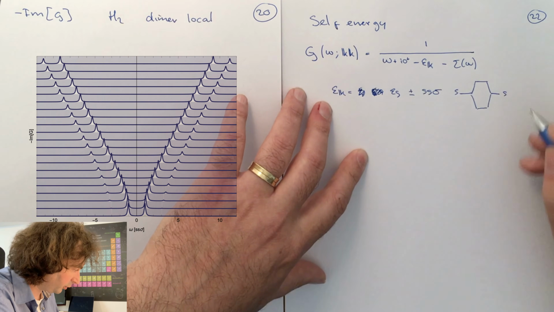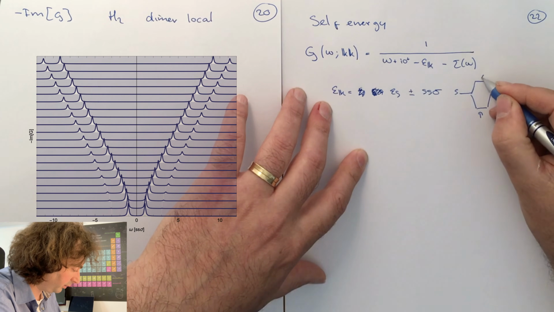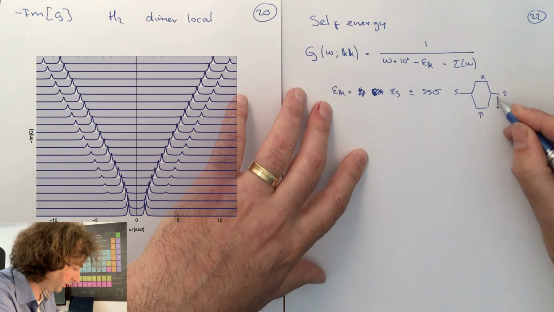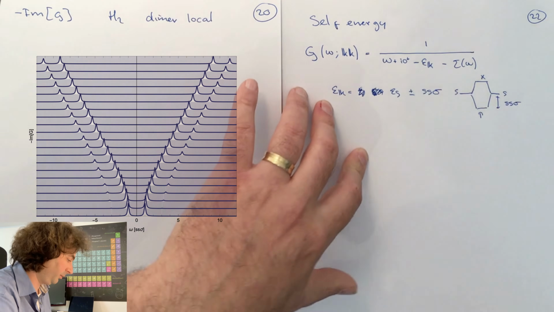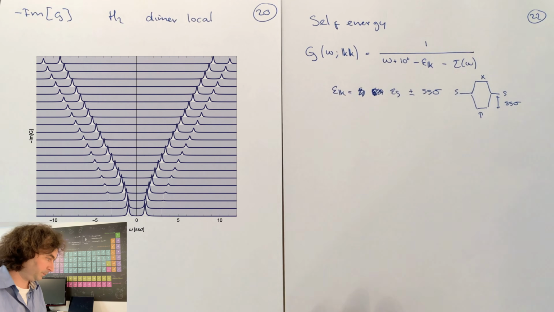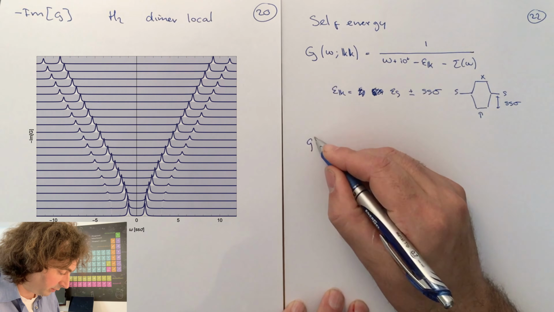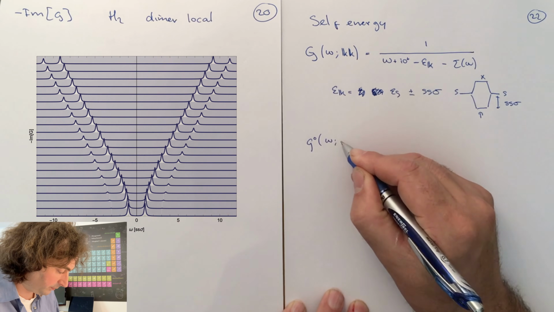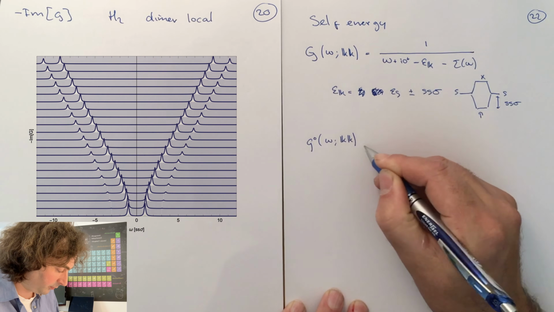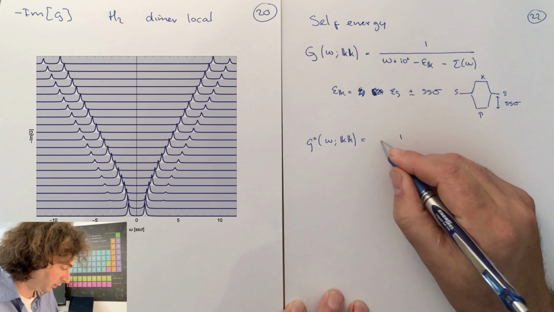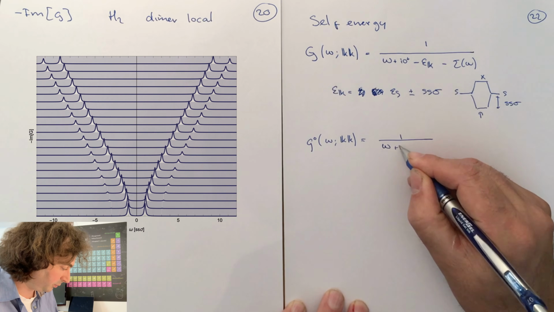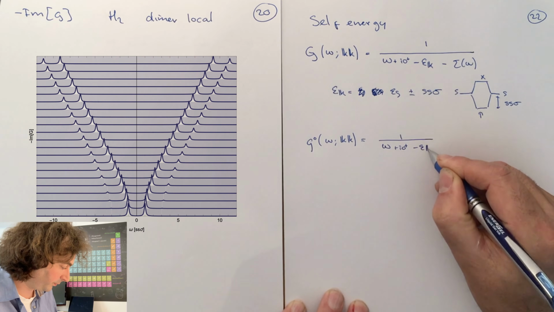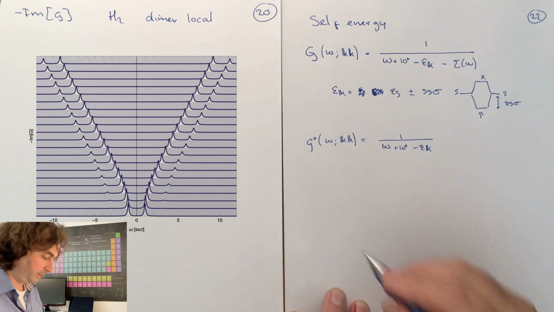We have our s orbitals and they interact, making a bonding and an anti-bonding state, and a splitting between them equal to ss sigma. So our bare Green's function is given by 1 over omega plus i0 plus minus epsilon k.